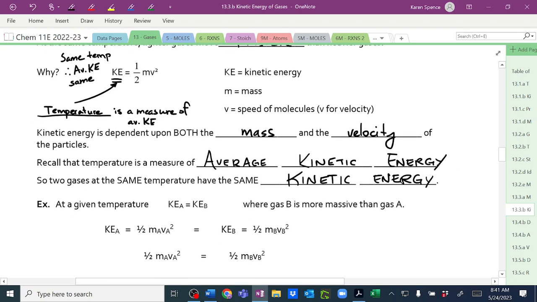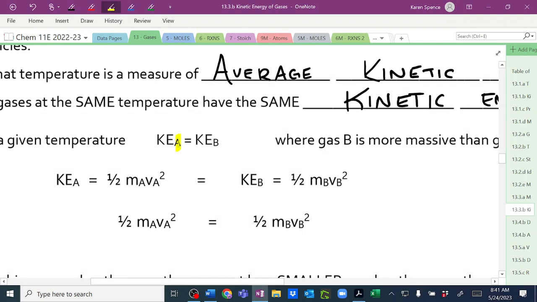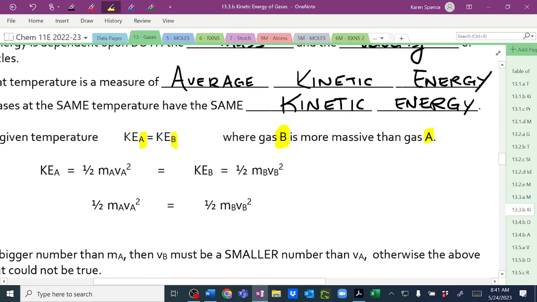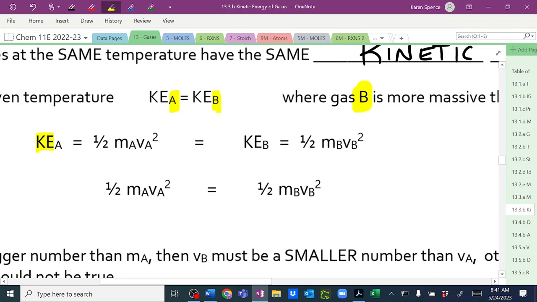So at a given temperature, the kinetic energy of A is equal to the kinetic energy of B. Okay, and so we're going to say that B is more massive than A. So what is true then is that KE A is equal to KE B. And so that's 1/2 mass of A times velocity of A squared equals 1/2 mass of B times velocity of B squared.